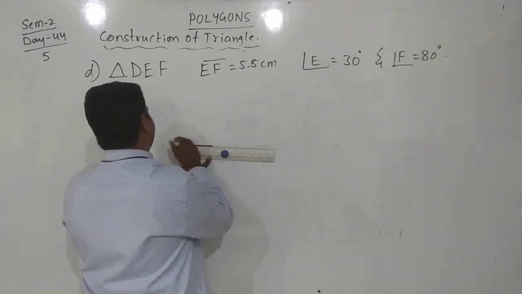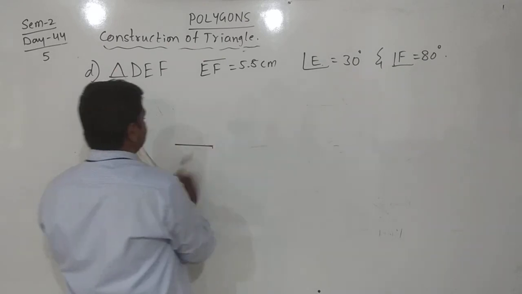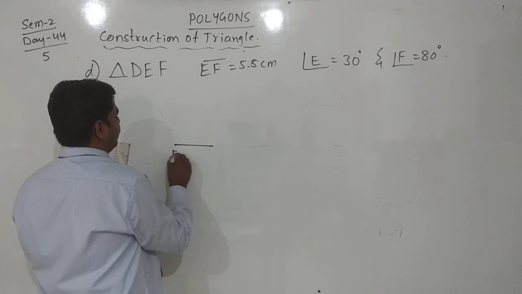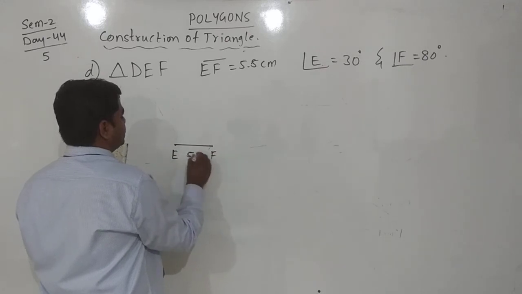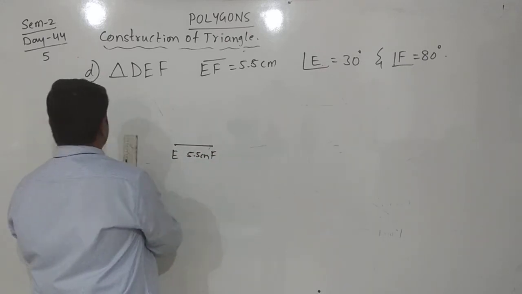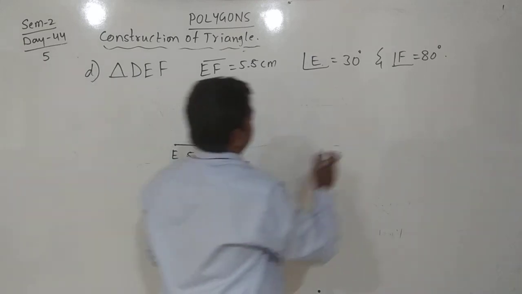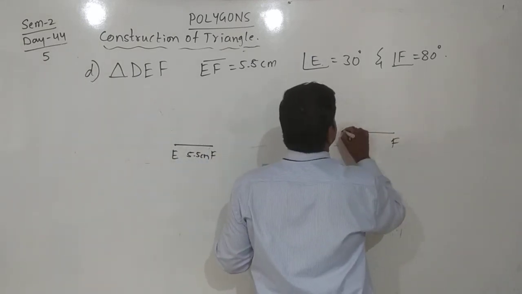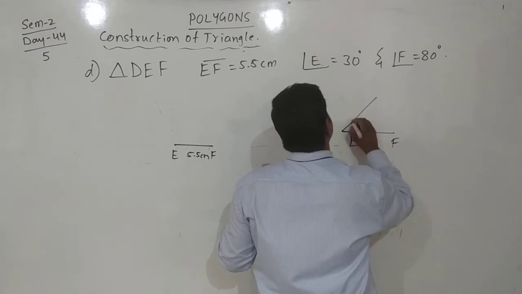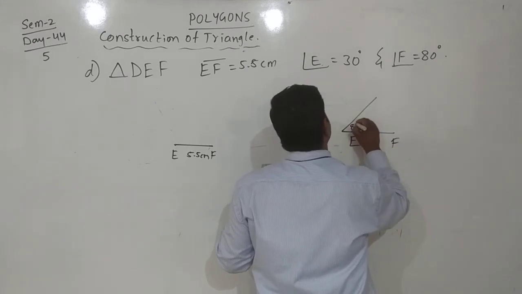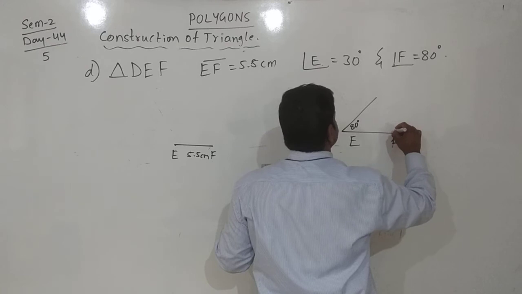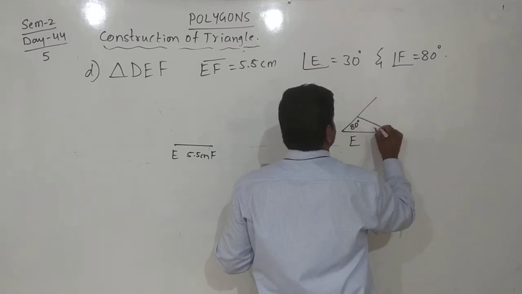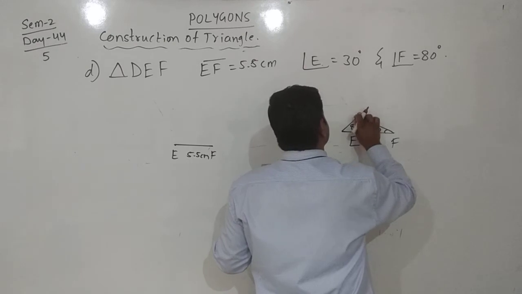Yes. The rough diagram first we will take. This is EF, 5.5 centimeter. Rough diagram EF. Yes, then it is 80 degree and it is 30 degree.